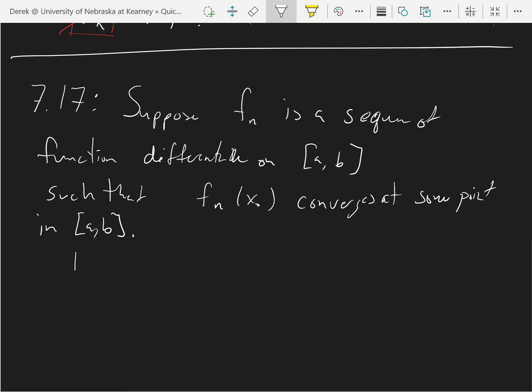Okay, the rest of it is that now the derivatives f sub n prime converge uniformly on (a, b). So now I've controlled how wild those derivatives can be. The derivatives can't be very wild at all because they're going to converge uniformly.